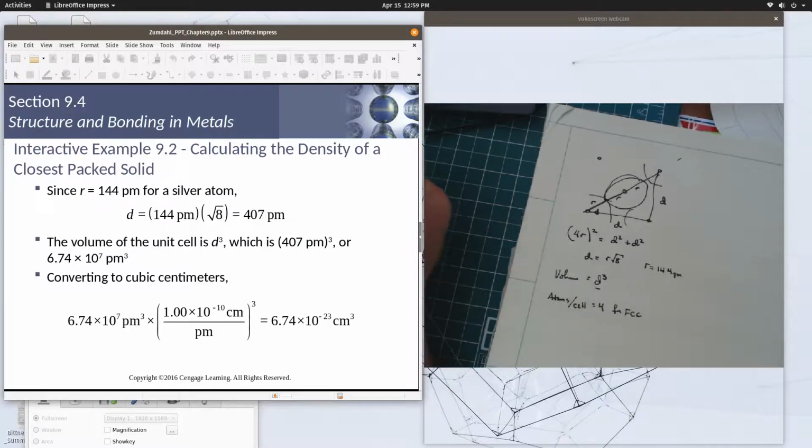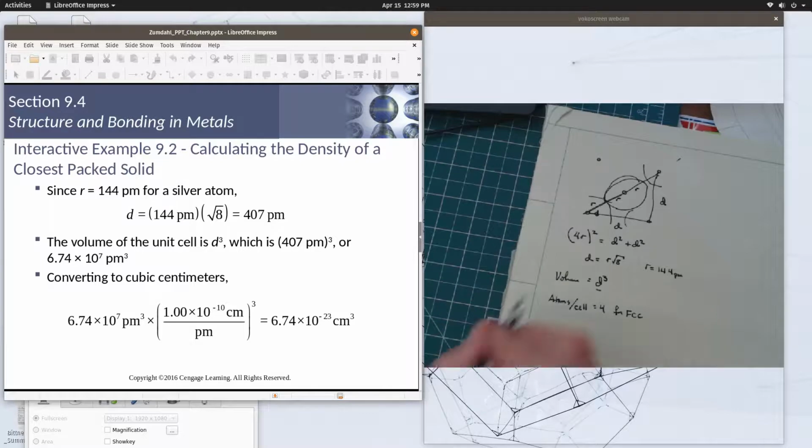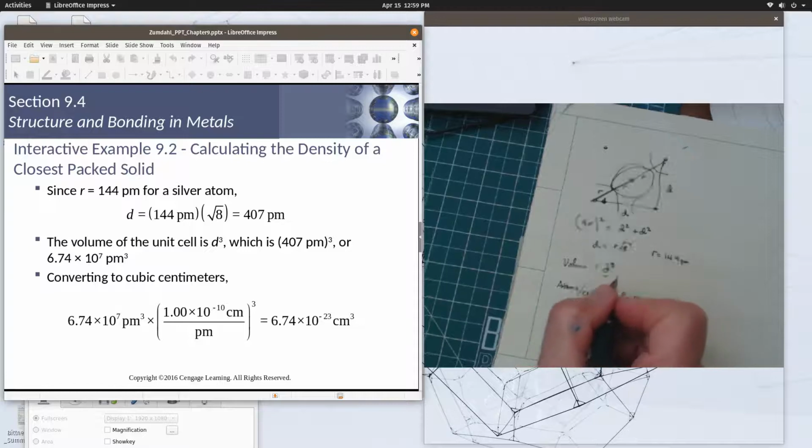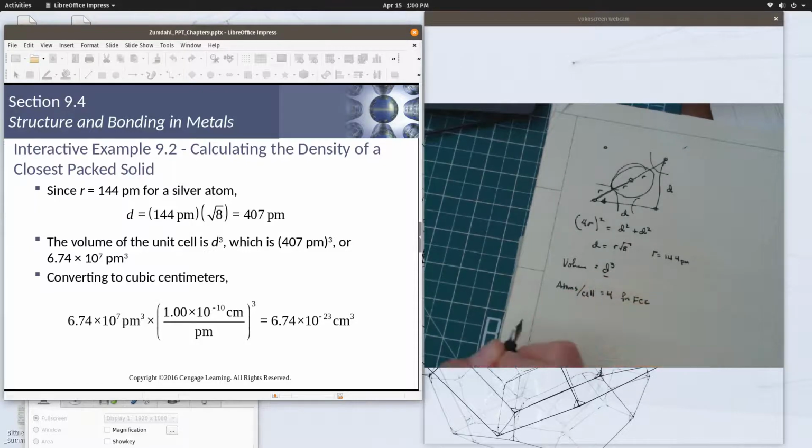Right. So we can keep going. So D is 407 picometers. The volume is 407 cubic picometers, and so I can do this calculation very easily, converting this to cubic centimeters if I wish, or keeping whatever SI units I want to use.